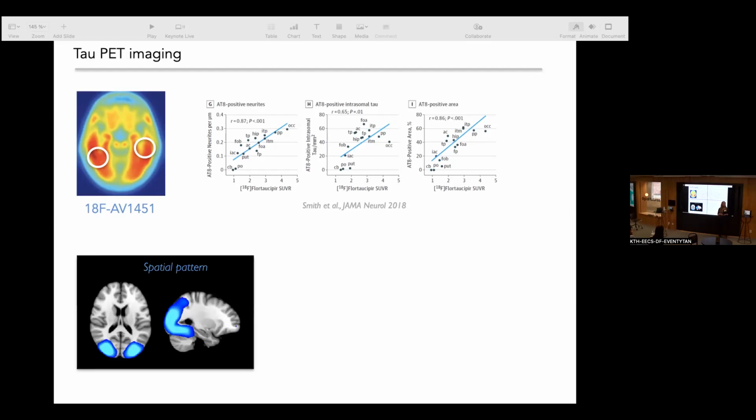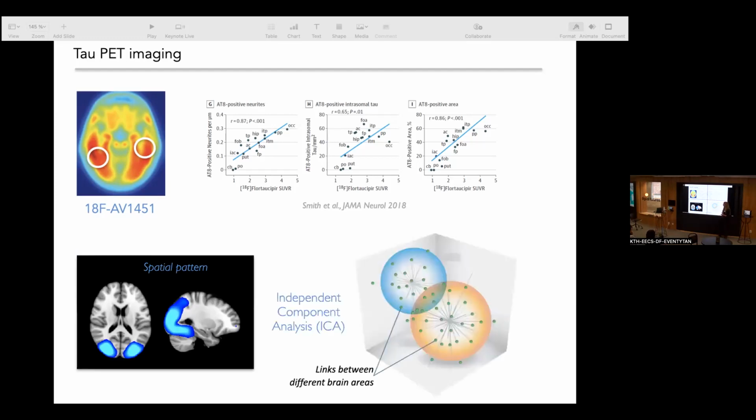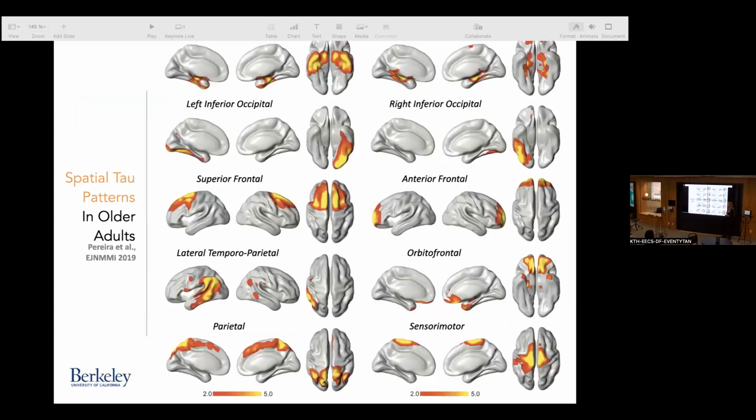One very common method to identify a spatial pattern is independent component analysis, which is best known in the field of fMRI and perhaps MEG and EEG, but can also be applied to static data that does not show variation over time. It's very good at identifying subcomponents within the data that potentially represent meaningful networks that you can use for posterior analysis.